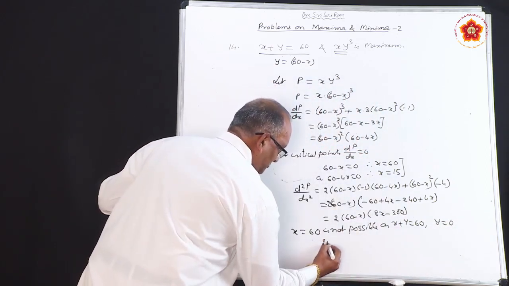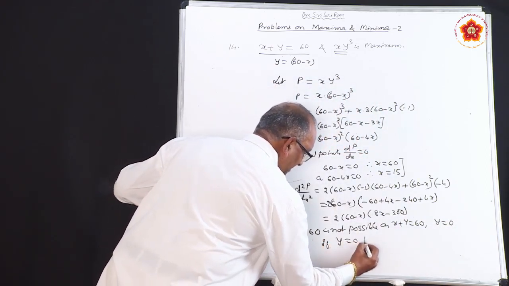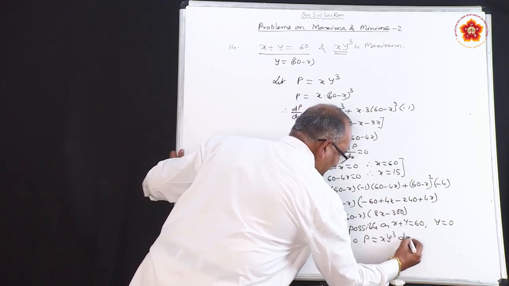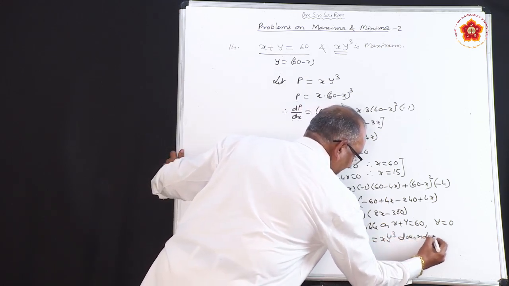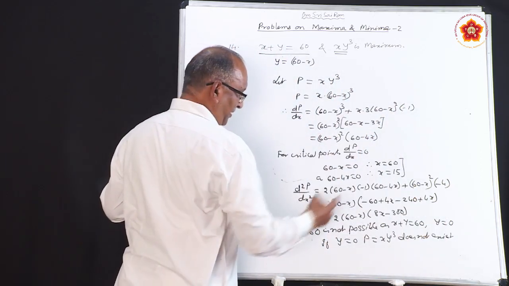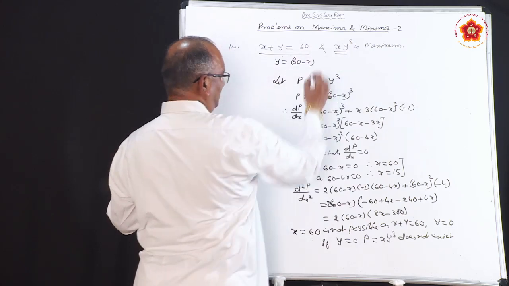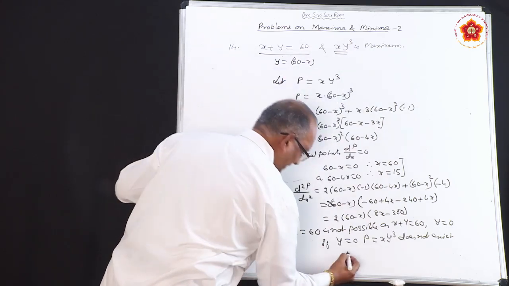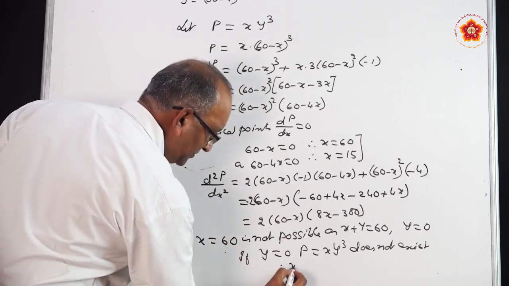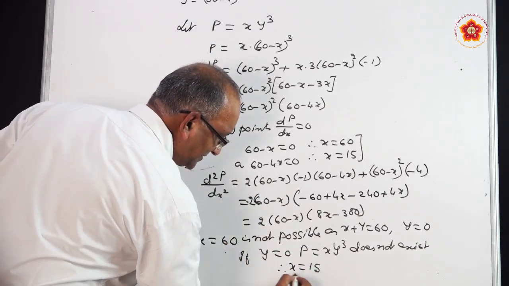If y equal to 0, p equal to x y cube does not exist. Why will it not exist? It will vanish, because if you substitute y equal to 0, the function itself vanishes. Hence, x equal to 15 is the answer.